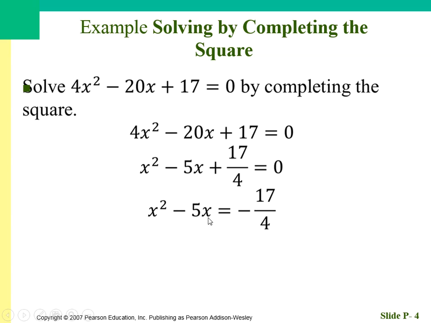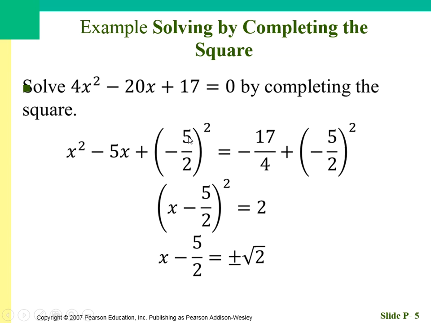So I'm going to take this middle term, that negative 5, cut it in half and square it, so negative 5 divided by 2, squared, and I'm going to add that onto both sides, because what you do to one side, you must do to the other. Now that I've done that, I can collapse it down into a perfect square.